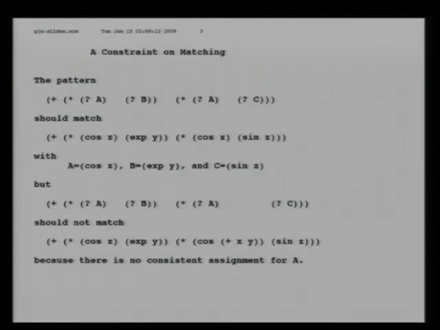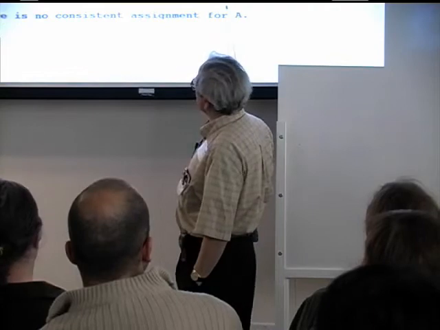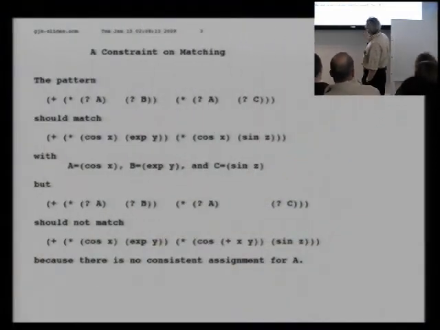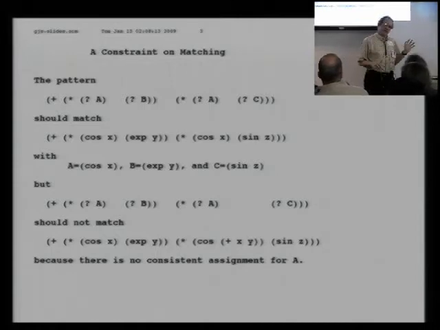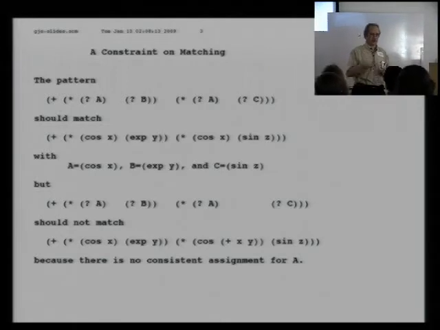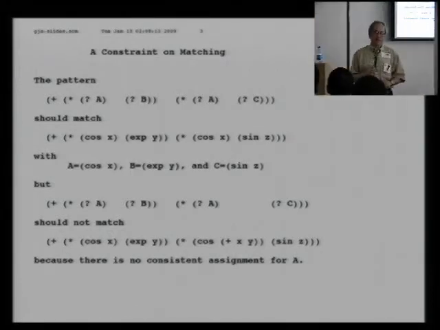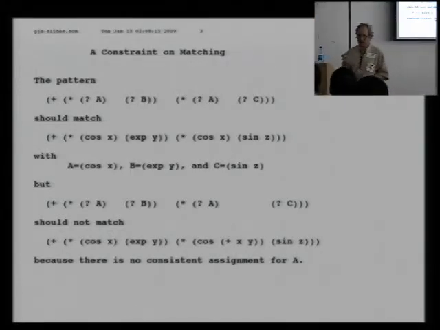And the fact that these two A's are the same is fairly critical. That's the constraint here: if I had the same pattern but tried to match it against this other one, it shouldn't match, because this object is not equal to this one unless we assume x is equal to x plus y, which means we might be solving some equations. That may be possible, but today I'm not doing anything as complicated as unification, or even more extreme versions than that of solving equations, which is what that really is.